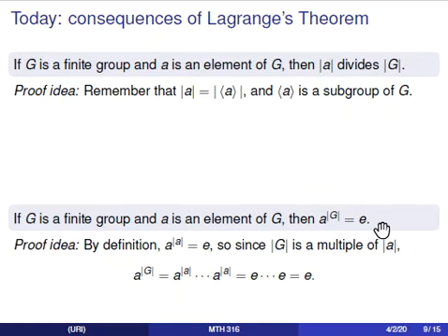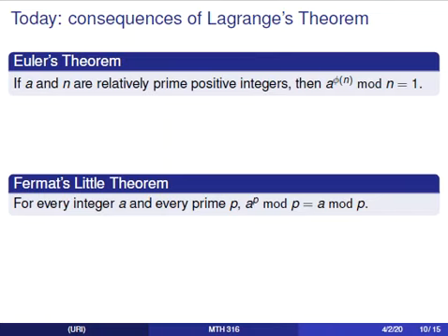Okay, now this result is actually useful in number theory. So if you go ahead and take Math 382 from URI, number theory, you'll probably run into these theorems, which talk about modular arithmetic. Let's suppose that A and N are relatively prime positive numbers. If I were to take A and raise it to phi of n and take that modulo n, I would end up with 1.